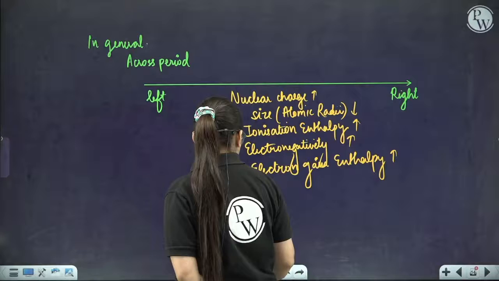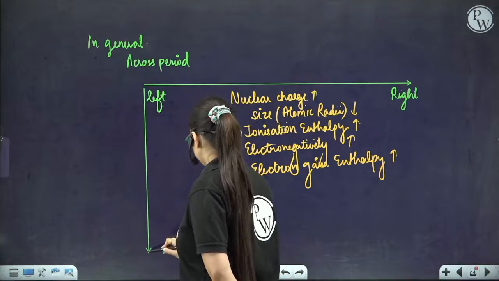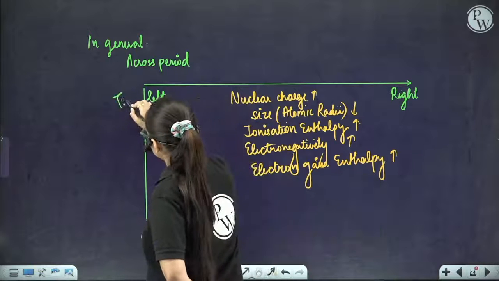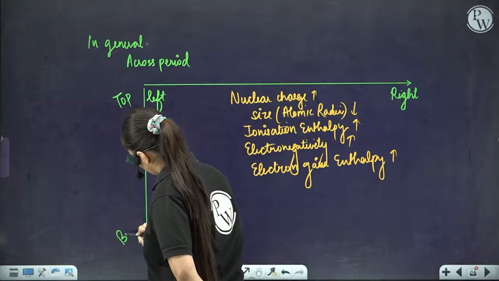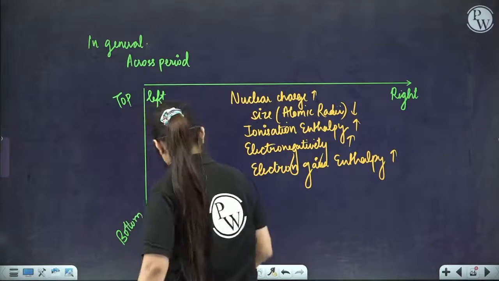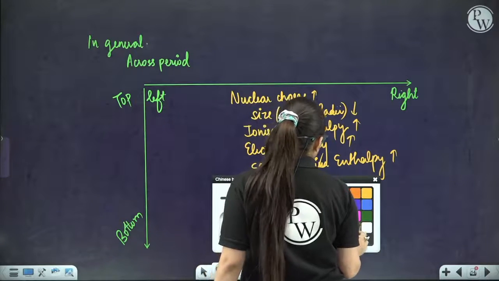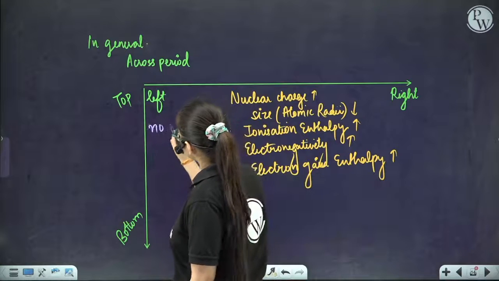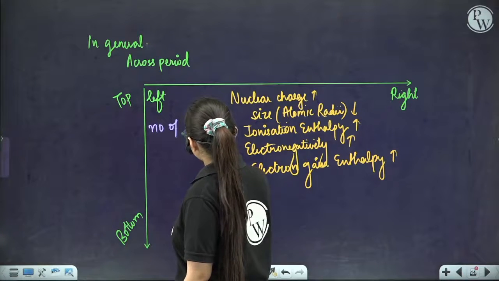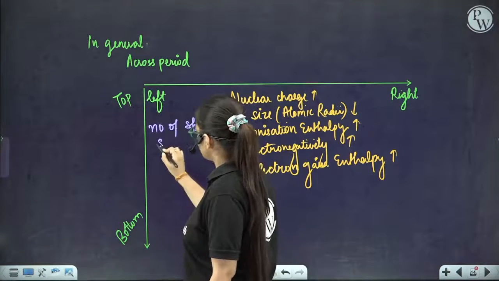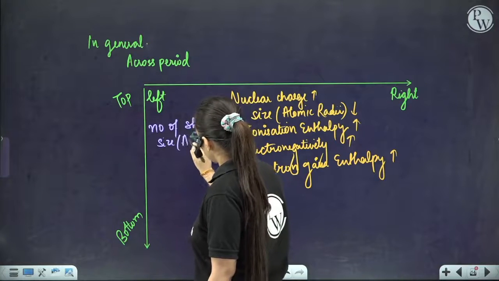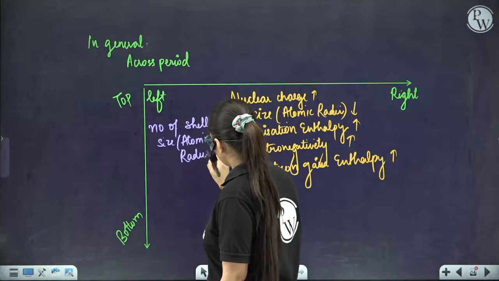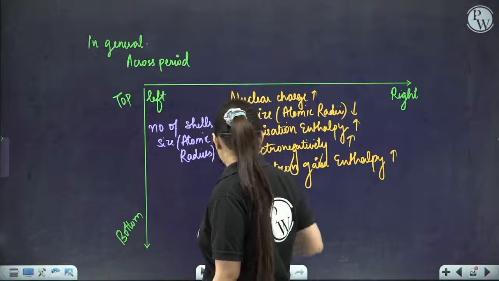Now from top to bottom, I am writing this in general, students, so don't get confused. From top to bottom, the number of shells increases, so size, or atomic radius, will increase.